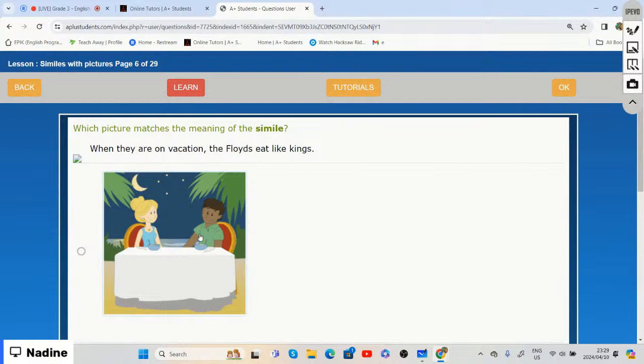Not that they're saying they are, but they're eating like kings. So they're being compared to kings and queens, all right? So when they're on vacation, the Floyds eat like kings, meaning they're having the best meals, right?